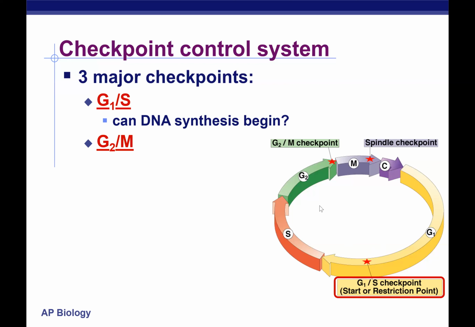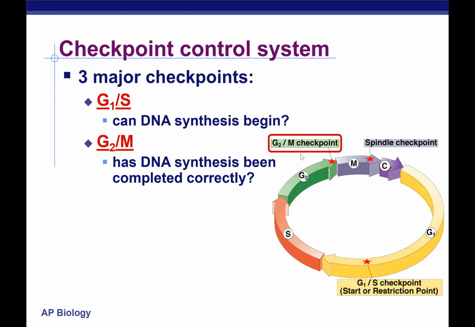And then the next checkpoint is the G2M checkpoint, where the cell tries to find out whether the DNA synthesis has been completed and completed correctly. That check happens at this point, and then it commits itself to enter into the mitosis process or cell division process.